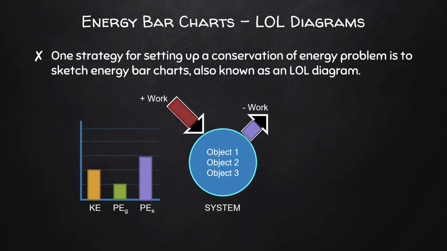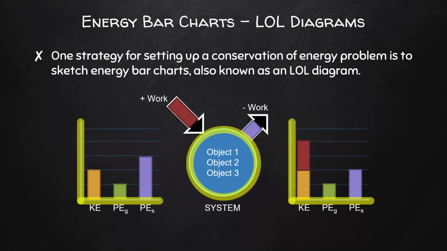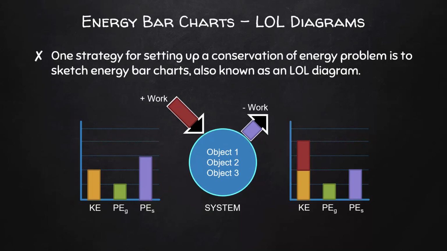On the right, we'll draw a new set of energy bar charts, and we'll adjust the size of each bar based on our understanding of what happened in the problem. In this case, the system gained kinetic energy and lost some spring potential energy. This will make a lot more sense if we look at an example.